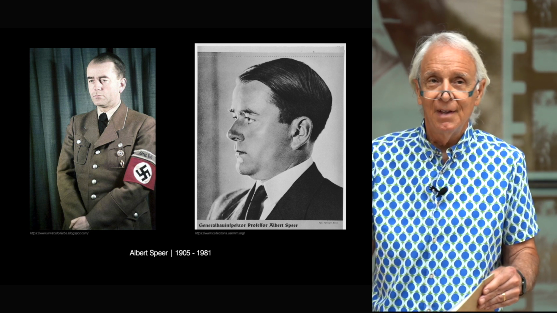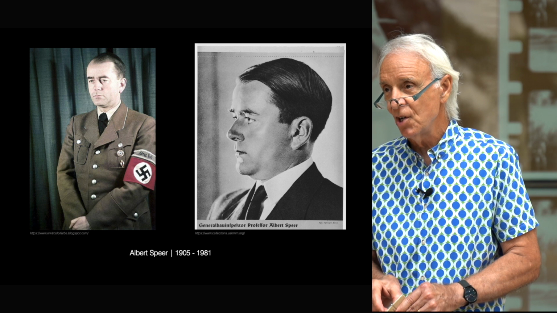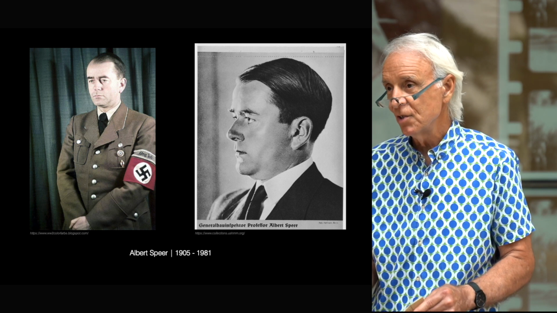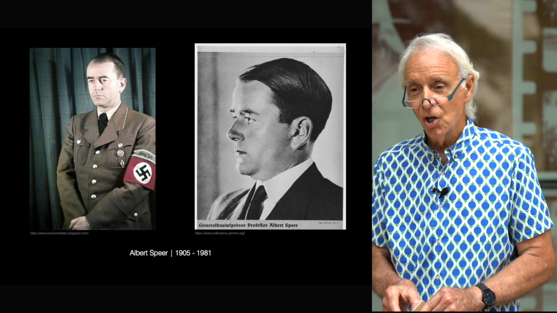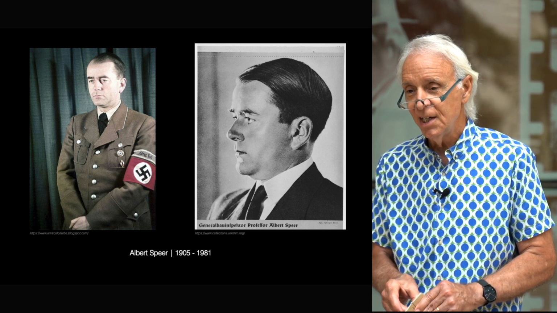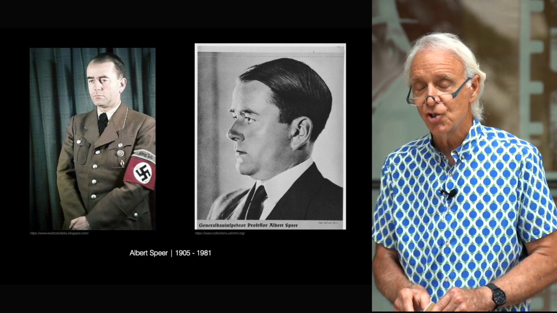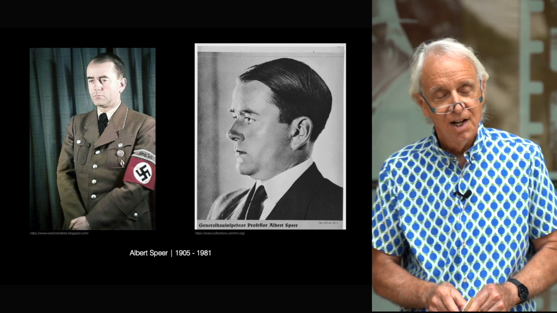Then, interestingly, after only a few years, his professor had a heart attack and died very suddenly. So Hitler is without an architect. And so he then selects Albert Speer, and we'll look at that a little later in another talk.